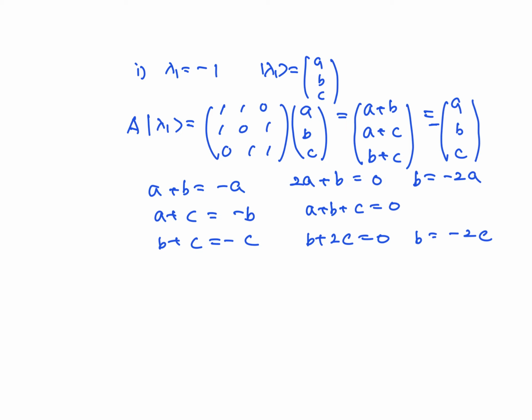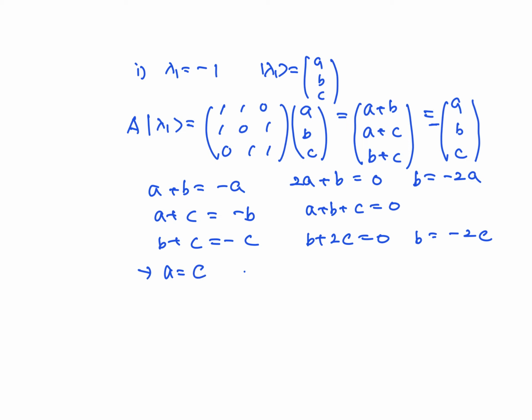A plus B is equal to minus A means 2A plus B is equal to 0, so B is going to be minus 2A. And the last one, B plus C is equal to minus C, that means B plus 2C is equal to 0, so B is going to be minus 2C. So what do these two equations tell us? A is equal to C, right?